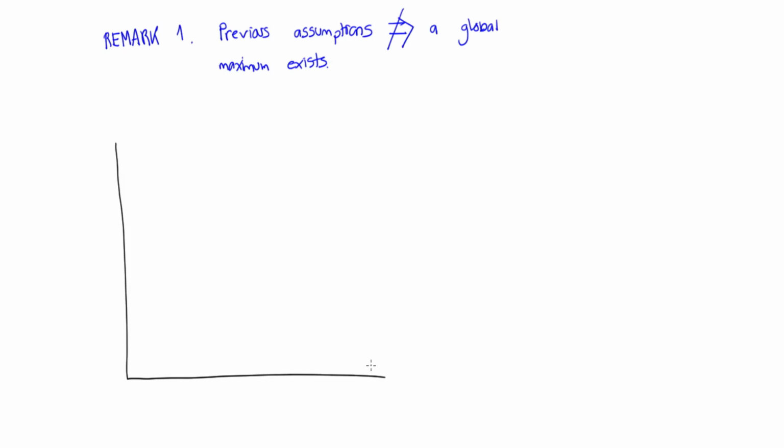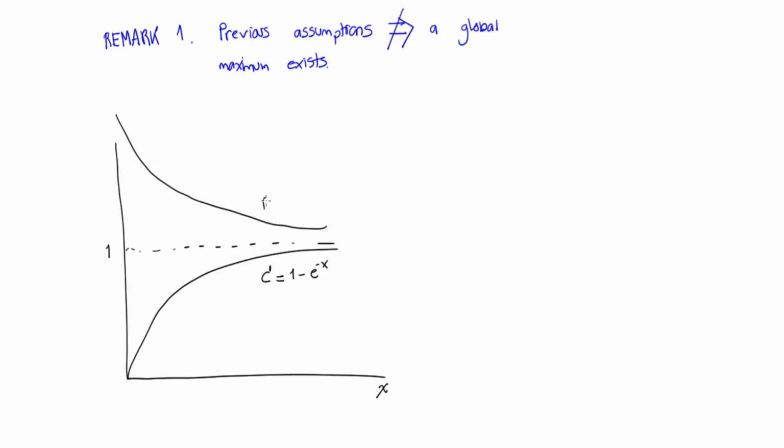Consider the following example. This is going to be 1, a horizontal line at 1. This is x. Suppose that we have a marginal cost function that looks like this, for example 1 minus e to the minus x, and a marginal benefit function that looks like this, B prime, for example 1 plus e to the minus x.